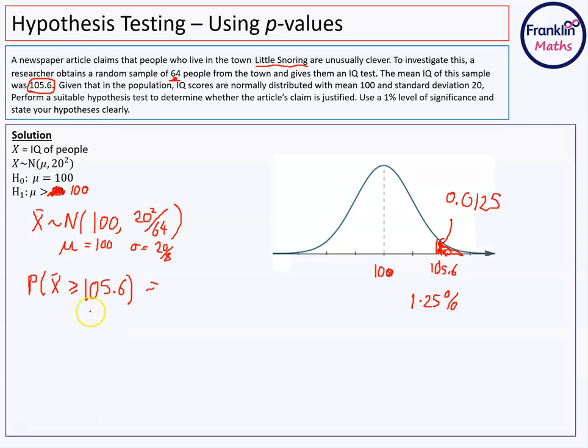Okay, so the next thing to do then is just like we did with the binomial stuff, you just compare these two. So let me just jot that down there, 0.0125, so 1.25%. Let's have a look. We're using a 1% level here.